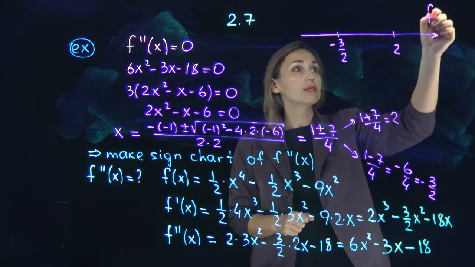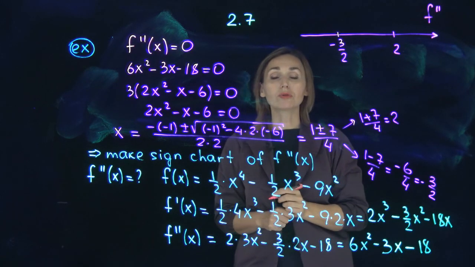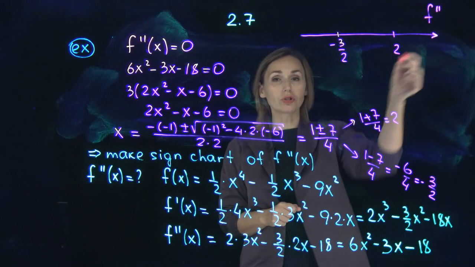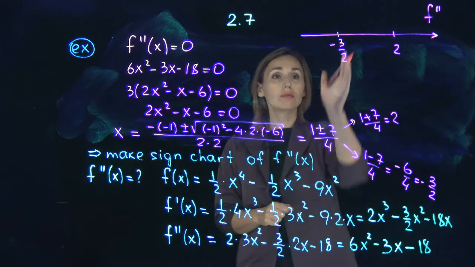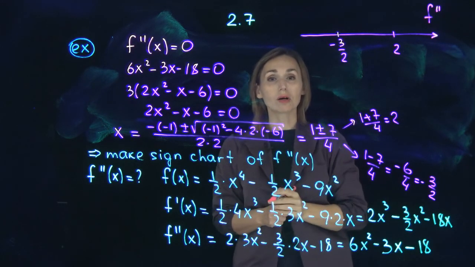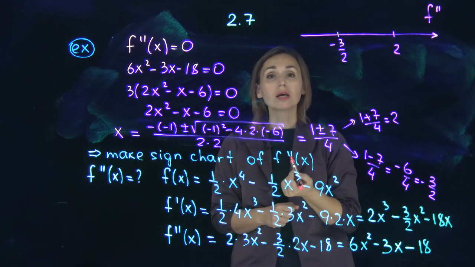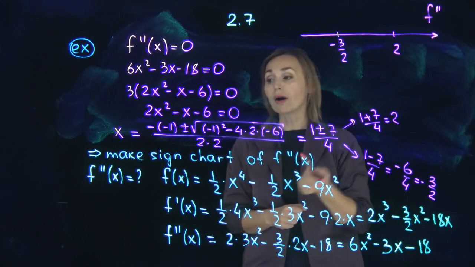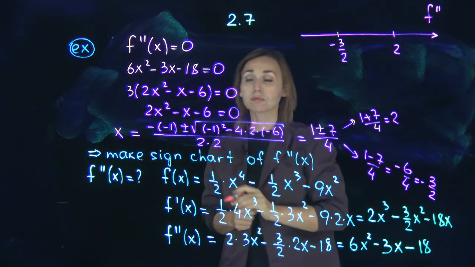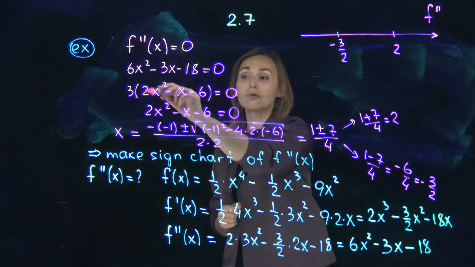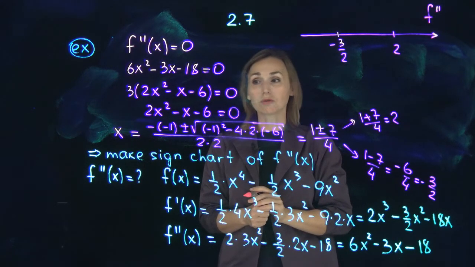Remember that this is about the second derivative of the function. Now, how to determine the sign of the second derivative on each interval? Checking points, the same process as for inequalities. Before negative 3 over 2, which is negative 1.5, let's take negative 2 as a checking point. I plug it into the second derivative, which is right here.